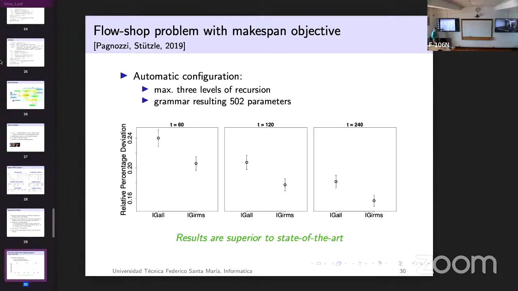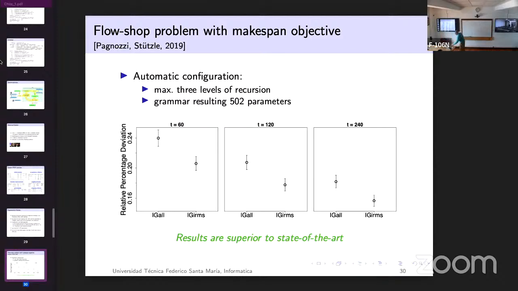And here is the best so far that one had before, and this is what we obtained. And the results one sees are superior to the state of the art.